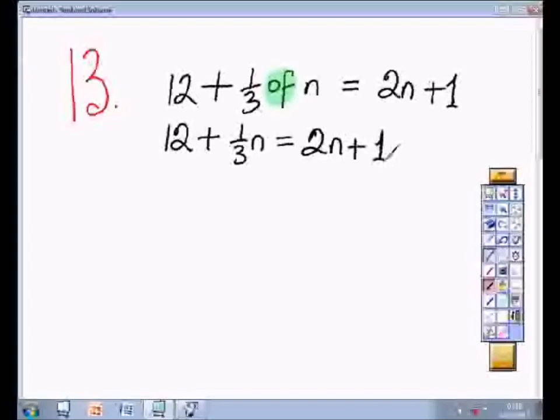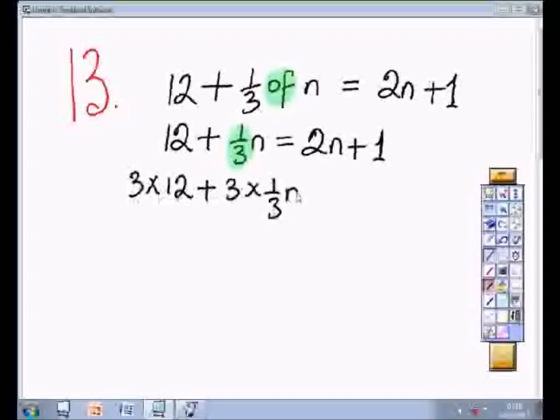So what we are going to do now is to multiply through by 3 in order to remove this fraction here. So we multiply through by 3 to get 3 times 12 plus 3 times 1/3 n is equal to 3 times 2n plus 3 times 1.